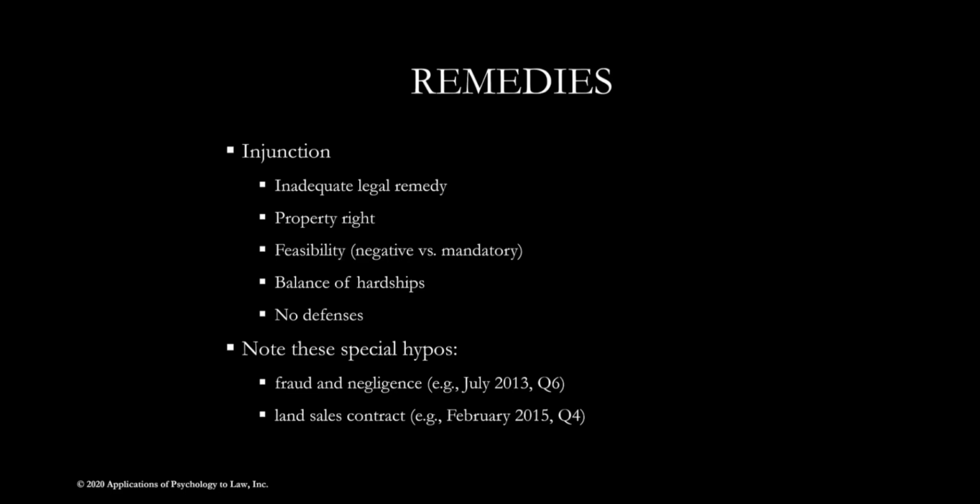In any case, it had a deck and it had bat droppings, and there was a lot of lying going on and a lot of damage. So that's an example of that kind of thing. Second kind is the land sales contract and some problem involving the land sales contract. Yeah, so you need to see how these have been tested in the past.